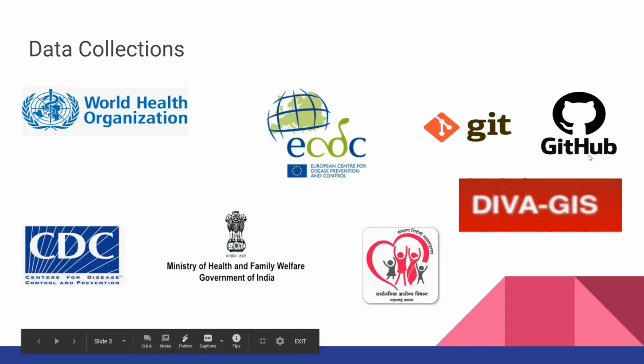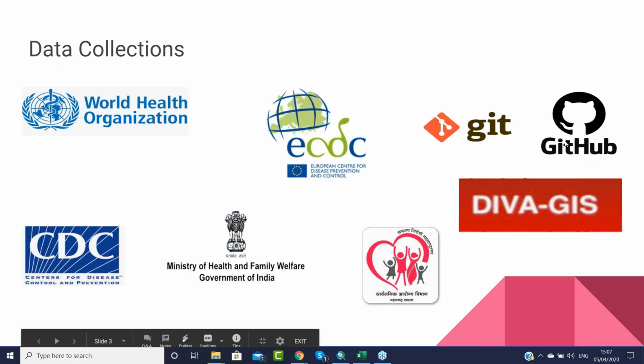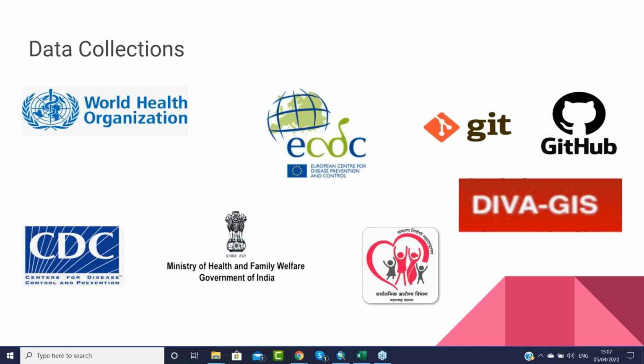Now we will see where we can collect the data for your pandemic GIS mapping. There is the WHO, the World Health Organization, and the European Centre for Disease Prevention and Control. There is the CDC, Centers for Disease Control and Prevention. And talking about India, we have the Ministry of Health and Family Welfare, Government of India.